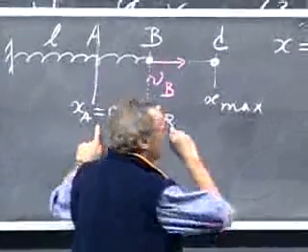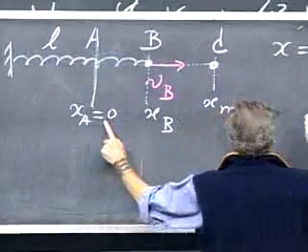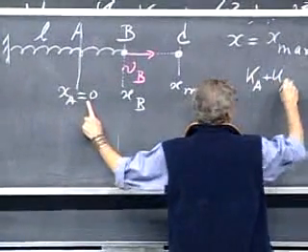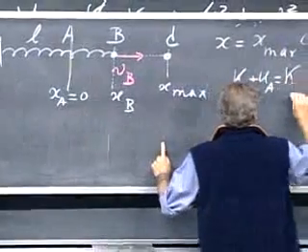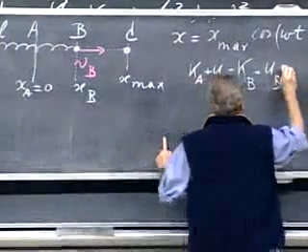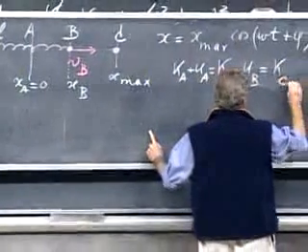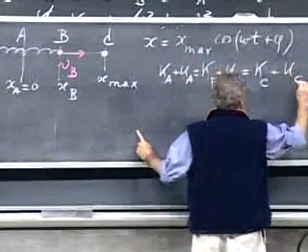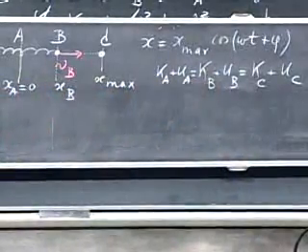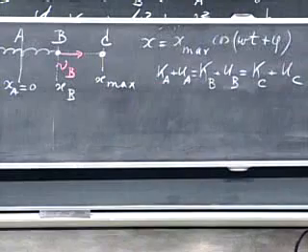The conservation of mechanical energy tells me that the kinetic energy at A plus the potential energy at A must be the kinetic energy at B plus the potential energy at B, and that must be equal to the kinetic energy at C plus the potential energy at C. Right? There's no friction, there are no non-conservative forces, so this has got to work.